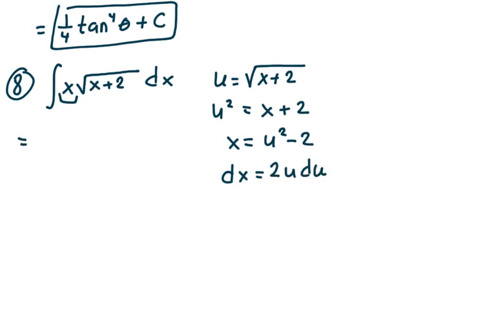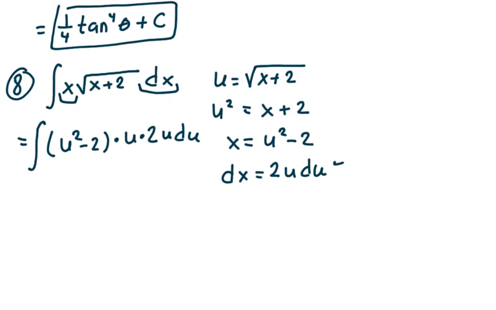Now we're ready to stuff in. Wherever I see an x, I'm going to put in u squared minus 2. Wherever I see a square root of x plus 2, I put in u. And then dx right here is 2u du. So I'm going to put in 2u du. And that's what it's supposed to look like.